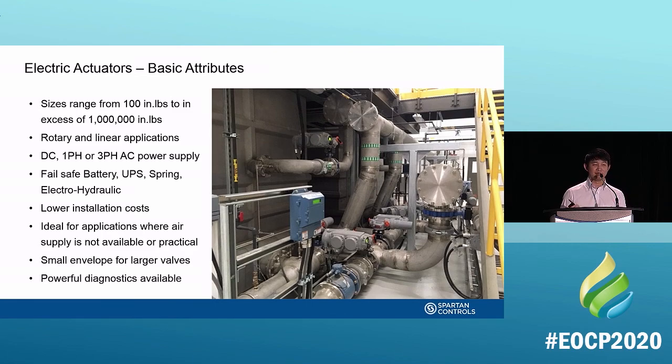That was an electric actuator, because we're able to get real mechanical advantage by installing gearboxes and things like that onto electric actuation in order to get the torque that we require. And the last thing is that with electric actuators, we're able to go digital or put smart diagnostics on them, so we're able to get diagnostic information back from them.